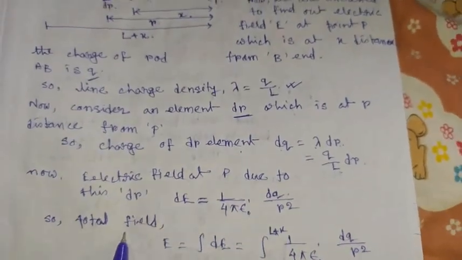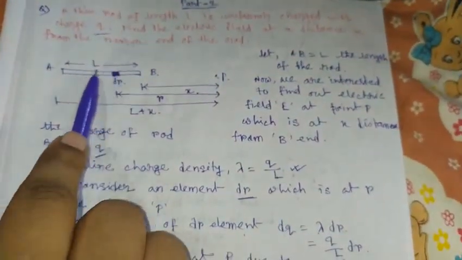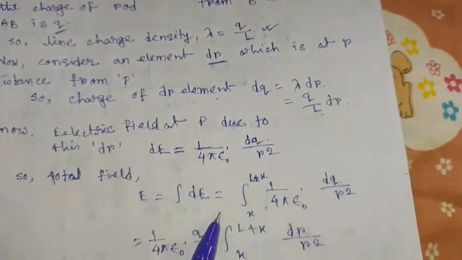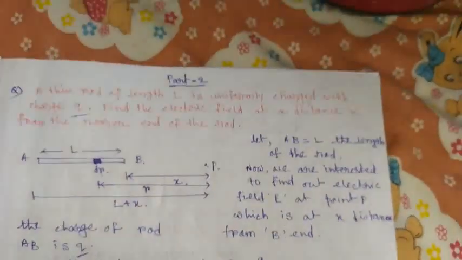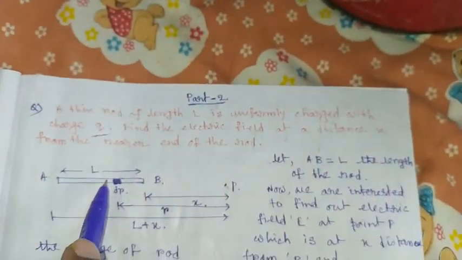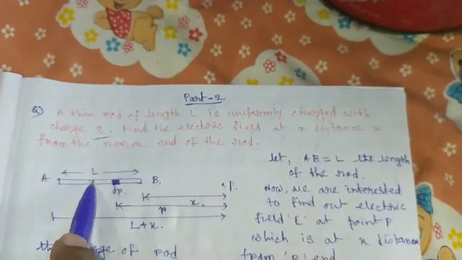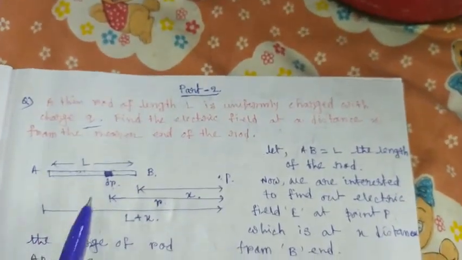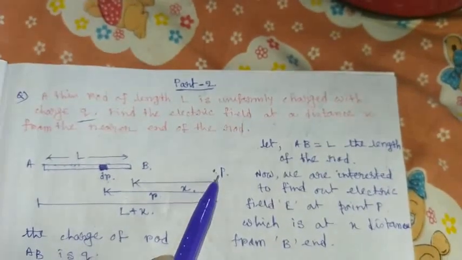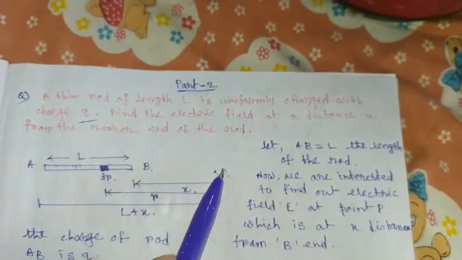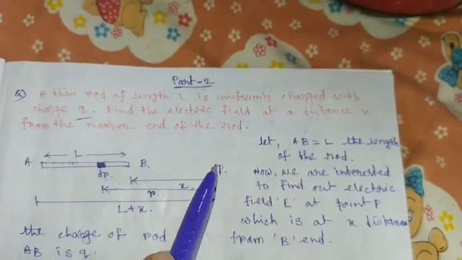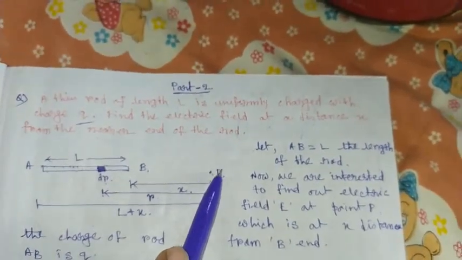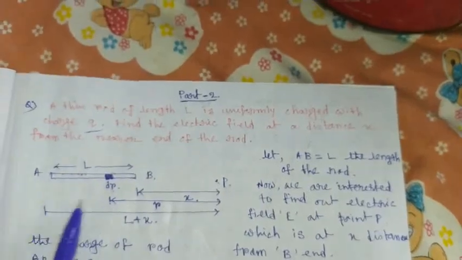So the total field due to this whole rod is found by the integration process, because if we choose an infinite number of dr elements on that rod, and for each dr we find the electric field at point P, and add all the electric fields at point P, then we get the total electric field due to this whole rod.